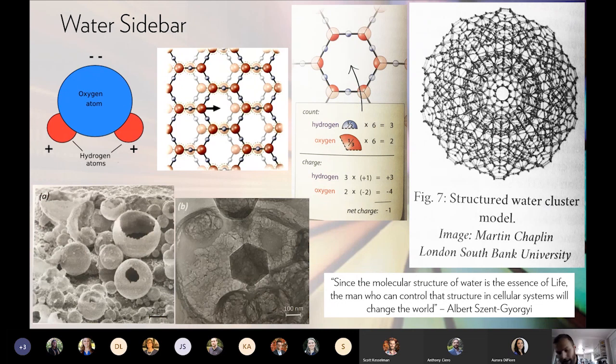This second image with all the hexagons is from Gerald Pollack's book, determining this structured water near hydrophilic surfaces. What's interesting about this structure that they found, if you look on the next one, if you count the charges in each hexagon ring, it doesn't balance out.